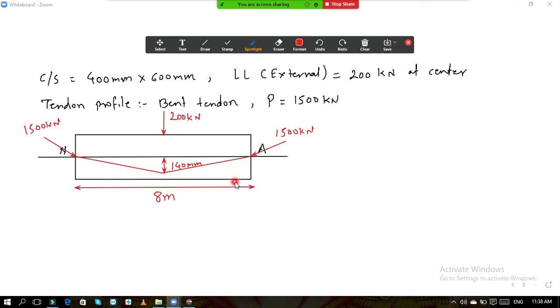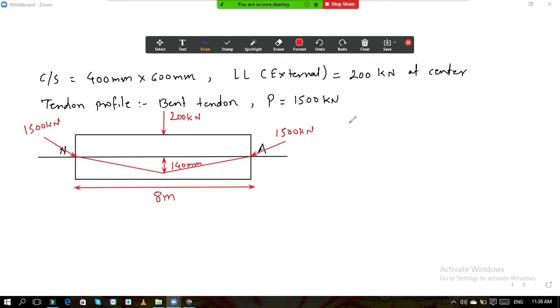To calculate the position of the C line, our formula for shift a is M upon P. So first of all, we need to calculate the bending moment.